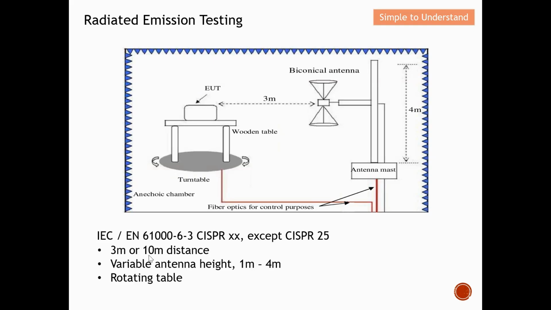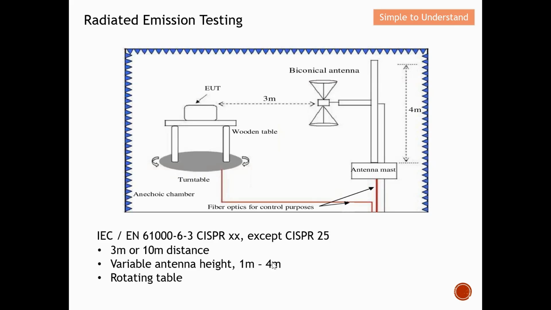As for the antenna height, for fully compliant testing it will be 1 meter up to 4 meters. But the chamber I'm going to demo is a so-called pre-compliant chamber, so they are only able to test at 1 meter and then 1.5 meters.